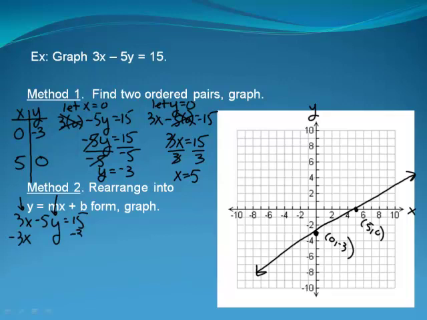So subtract 3x from both sides. That leaves me with negative 5y on the left-hand side. Now the right-hand side, 15 and 3x, they're unlike terms, so you can't combine them. But I'm going to write the x term first just so I can have mx plus b form. So I've got negative 3x, I'm writing that term first, and then plus 15, I'll write that one separate.